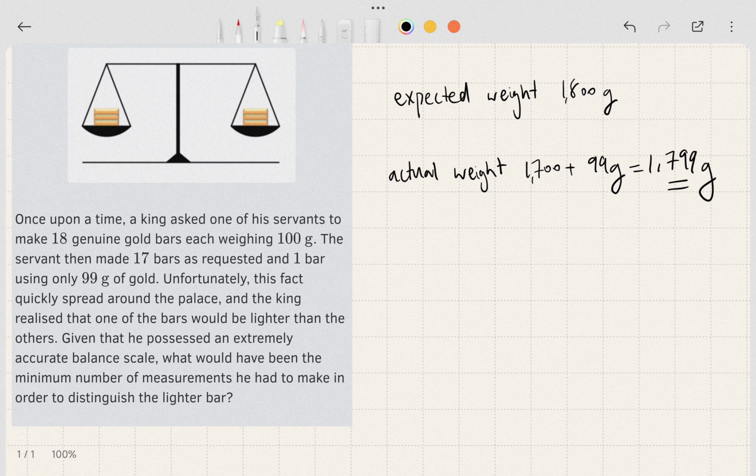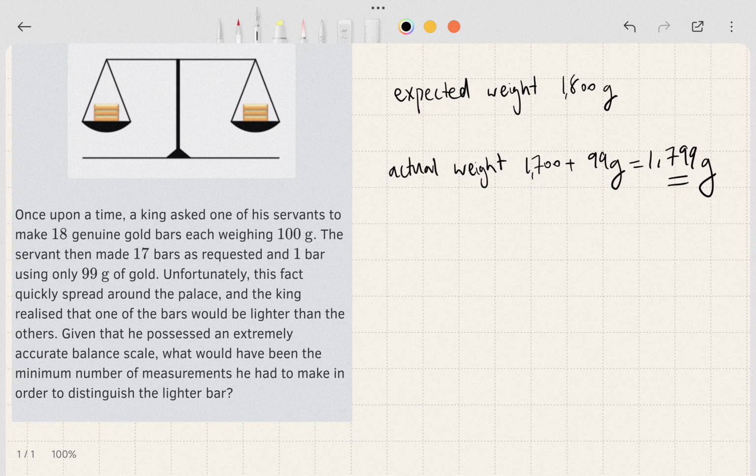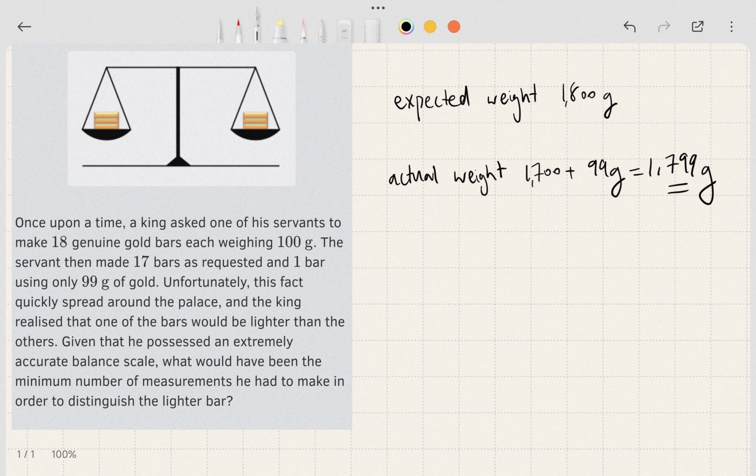So the question asks, what is the minimum number of measurements he had to make in order to distinguish the lighter bar? Essentially, if you're using a balance, you'd put a genuine gold bar on one side and the defective one on the other, and the defective one would move upwards because it weighs less.